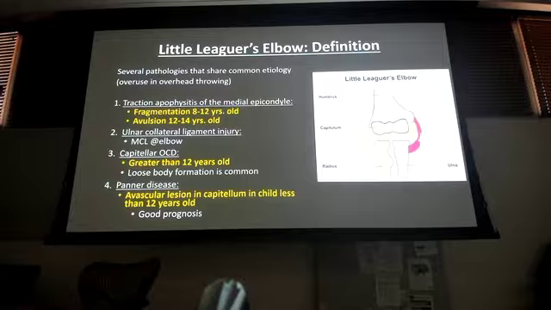Yes, it is, right? So at that point, since they're not growing anymore, if they go on to get some kind of disruption, do you think that could be more long-lasting? Yes, and it could be more detrimental to the range of motion and activity level as they get older. So capitellar OCD has some surgical considerations and some concerns, okay?